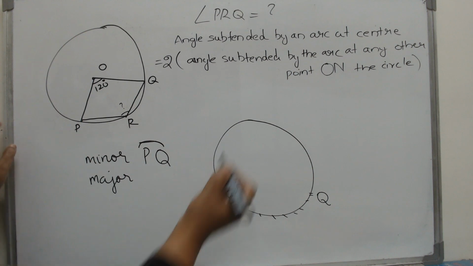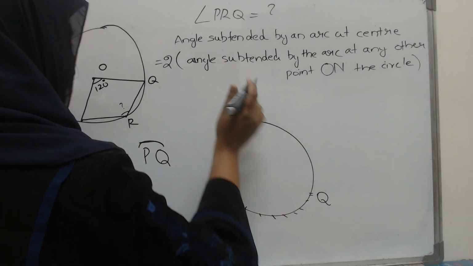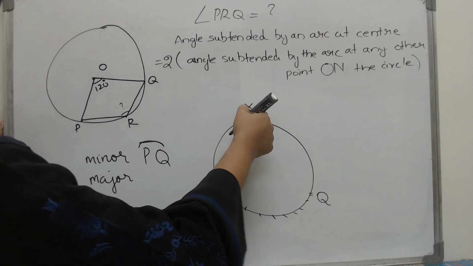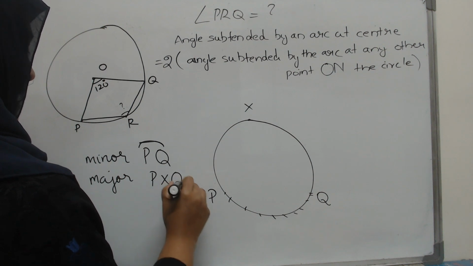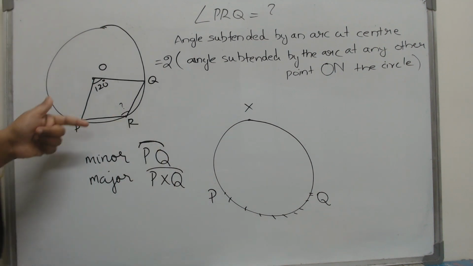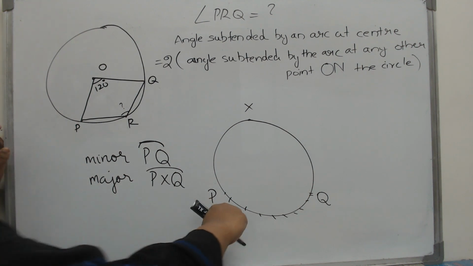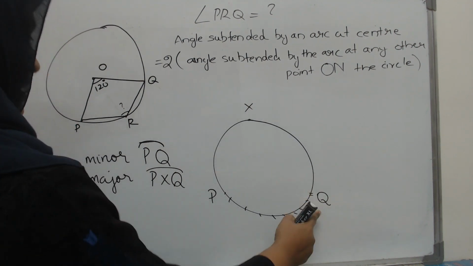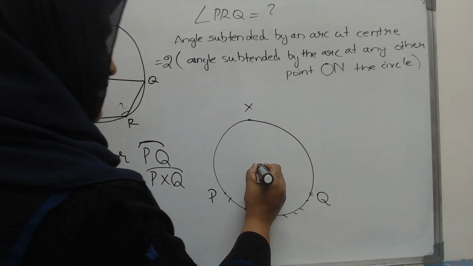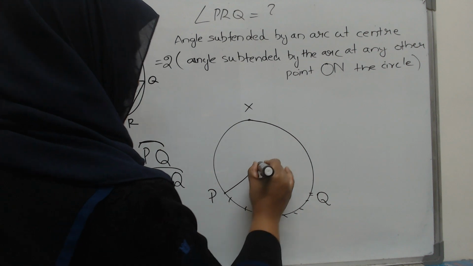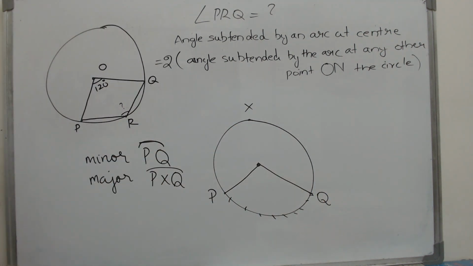So what we will do is take a random point here in the major segment and call the major arc PXQ, just so that you can notice the difference which arc we are talking about. So there we have a major arc, then we have a smaller arc. Now both of them subtend angles at the center, and that angle is called the central angle.